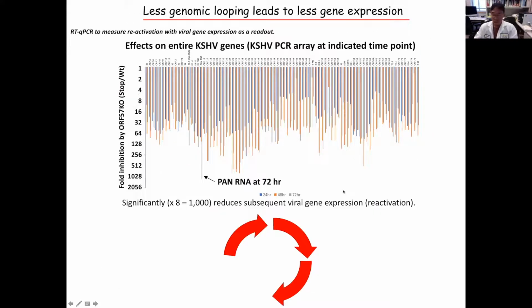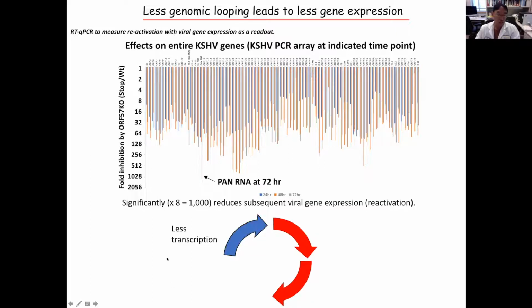We next studied how this translates to gene expression. We performed a PCR array to study all 84 viral genes' expression. What we see is that essentially all the viral gene expression goes down, especially the long non-coding RNA expression.